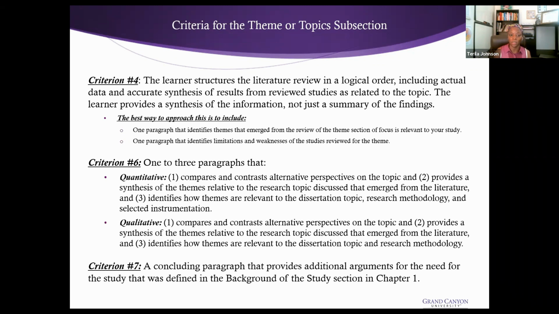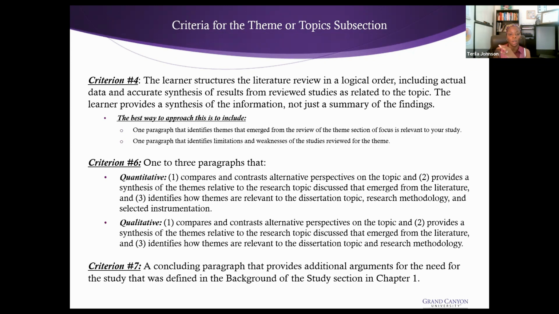Criterion number 6, 1 to 3 paragraphs, and then we got these down here: compares and contrasts alternative perspectives of the topic, provides a synthesis of the themes relative to the research topic discussed that emerged from the literature. So remember, it's in there, right? And identifies how those themes are relevant to the dissertation topic, your research methodology, selected instrumentation if you're quant.